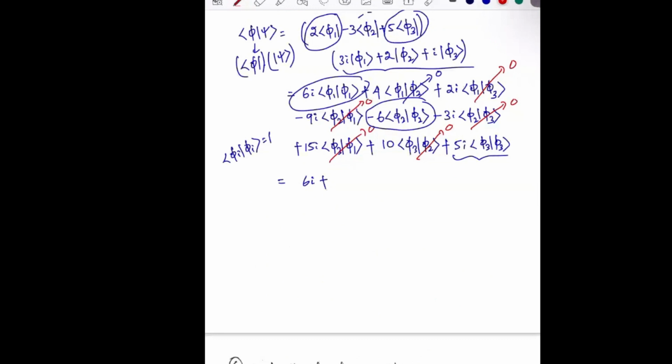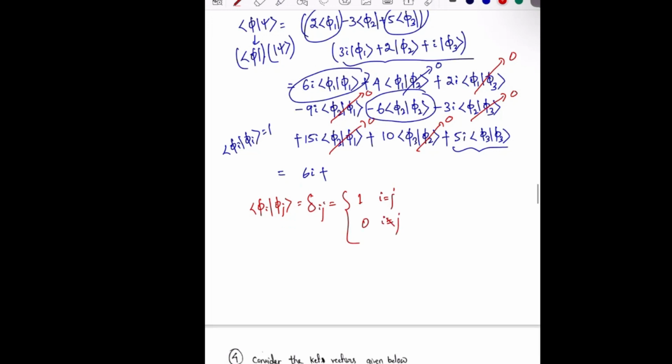So it was given that phi i phi j is delta ij. It is 1 when i equals j and 0 when i is not equal to j. Okay, ma'am. So the final term will be 6i from here and 5i from here, so this is 5i, plus minus 6 here. So the final expression is 11i minus 6.